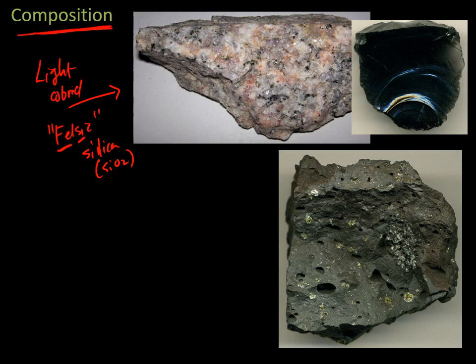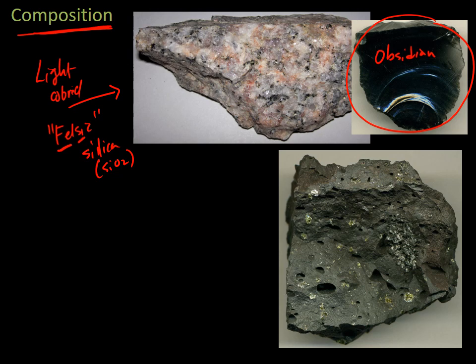There is one notable exception here. This is obsidian. Although it is black, it is 99.999% silica. It has a very trace amount of dark-colored minerals such as magnetite, which make it dark. However, the vast majority of it is silica, so it can be considered a felsic rock too.